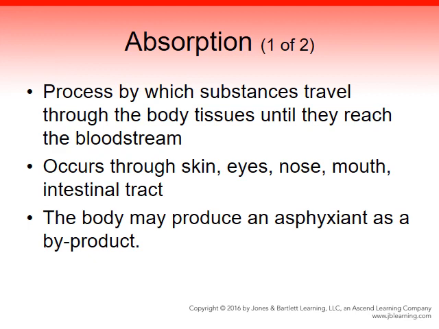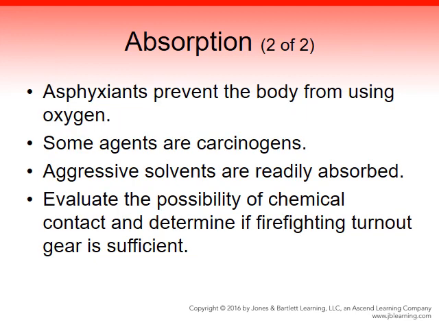Now we said absorption is the process by which a substance travels through the body tissue until it reaches the bloodstream. This can occur through the skin, eyes, nose, mouth, and the intestinal tract. The body may produce an asphyxiant as a byproduct. Asphyxiants prevent the body from using oxygen.